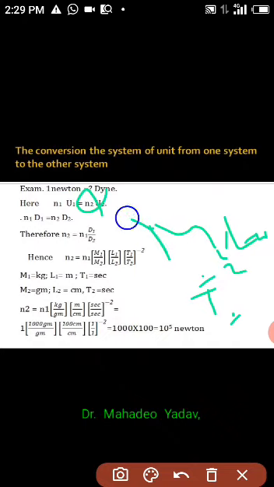On putting these values, we have the equation like this. Now, in the SI system, M1 value is kg, L1 value is meter, T1 value is second. In CGS system, the mass M2 is in gram, L2 is in centimeter, and time T2 also in second.